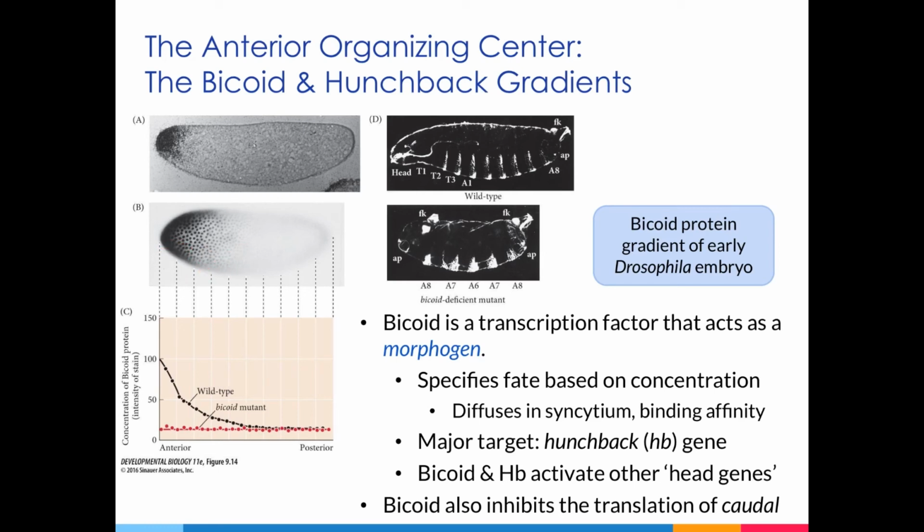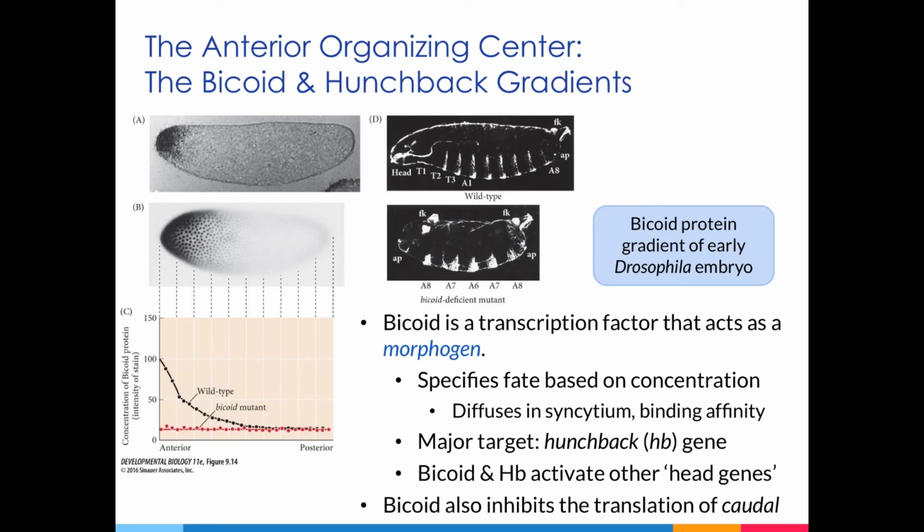The genes that are needed to form the most anterior structures have binding sites for bicoid in their enhancers, but these binding sites have low affinity for bicoid, so they only become activated at very high bicoid concentrations. The genes that are needed to form the thorax also have binding sites for bicoid in their enhancers, but those binding sites have high affinity for bicoid, so they can become activated by lower concentrations of bicoid.